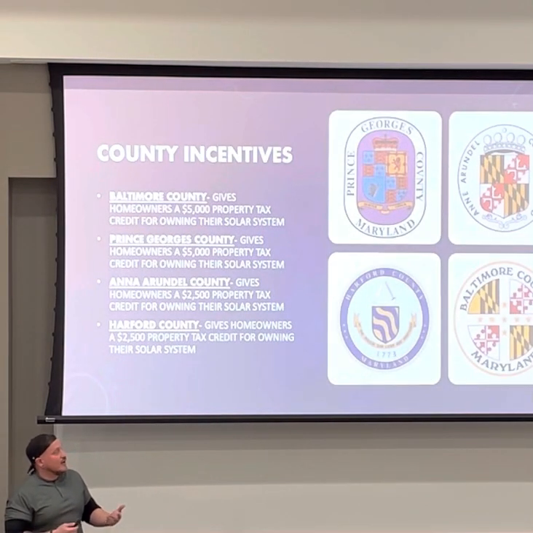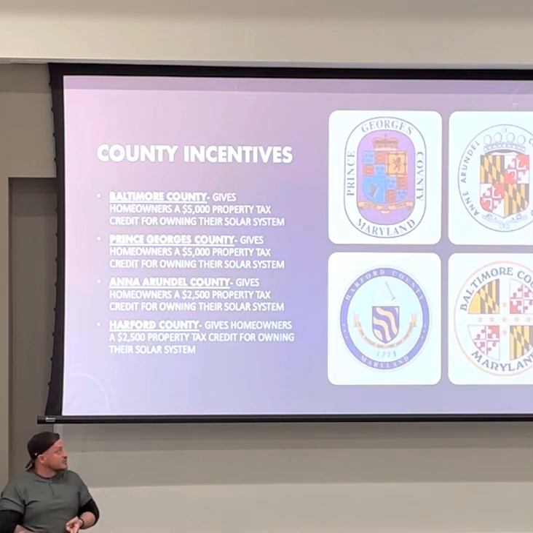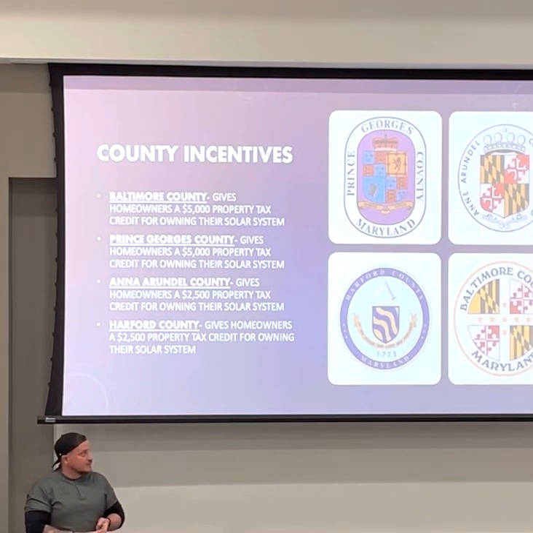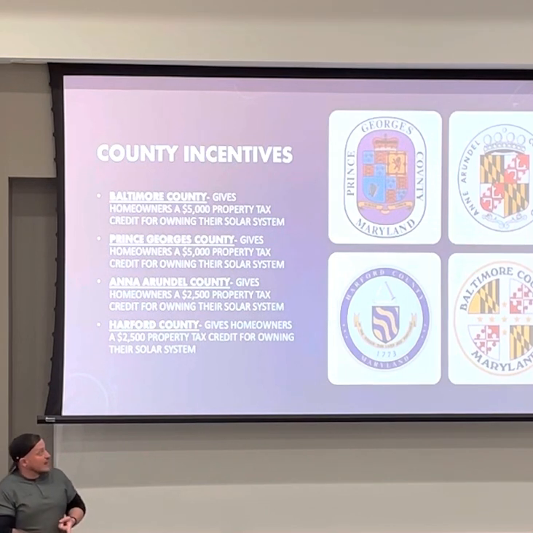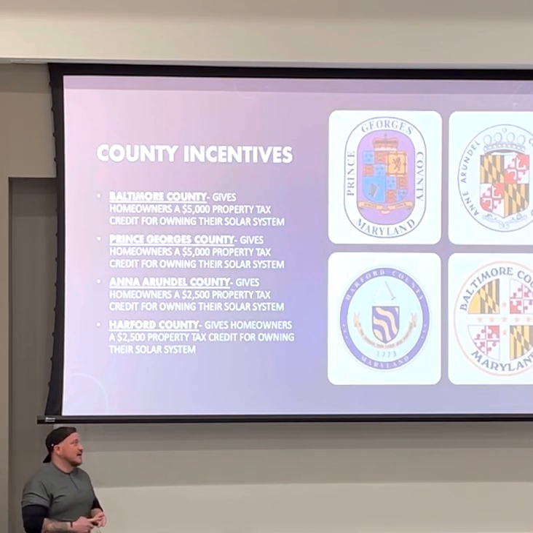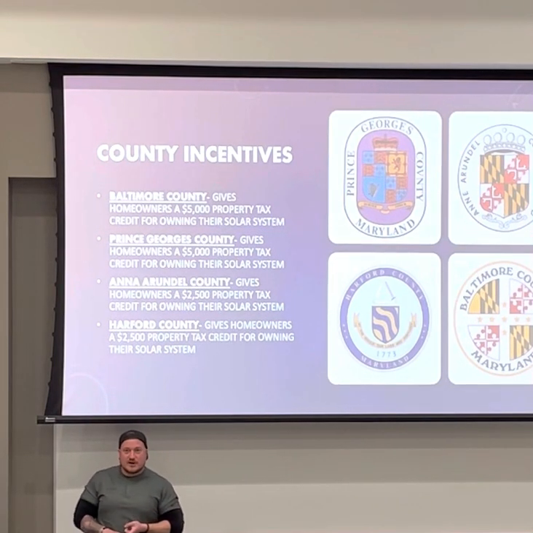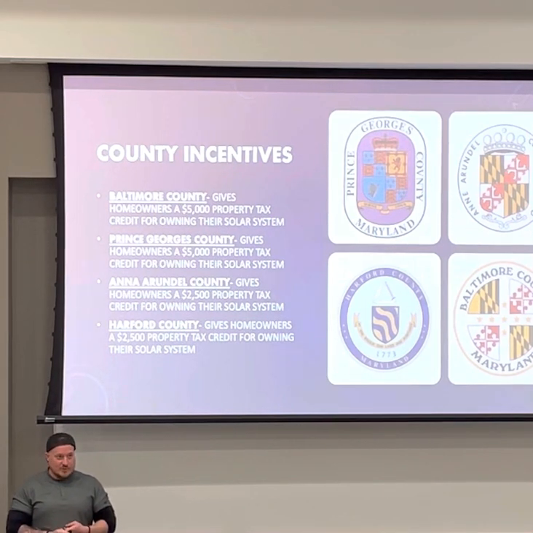Next, we have county incentives. As of right now, we have Baltimore County, Prince George's County, Anne Arundel County, and Harford County on the forefront of trying to get their counties as green as possible. Baltimore County and Prince George's County offer a $5,000 property tax credit for homeowners to own their solar system. Now, if you don't know what a property tax credit is, then that probably means you don't own your home yet.